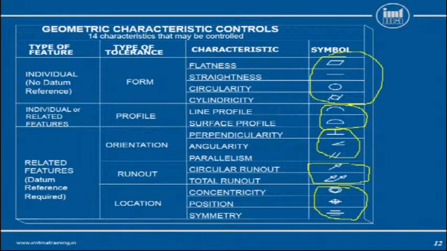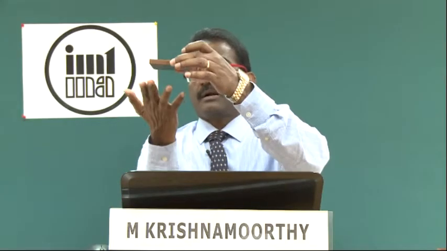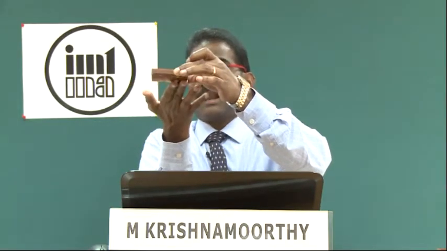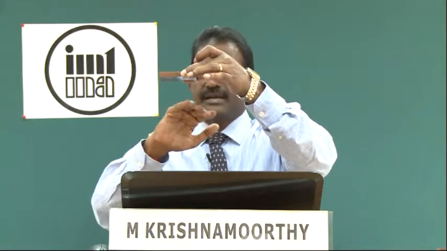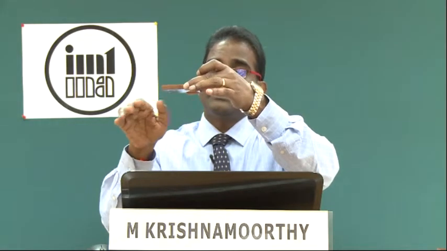Look at a plate, for example. Now when we say the bottom surface needs to be flat, we are not comparing the bottom surface with anything else on the part. The bottom surface needs to be flat.